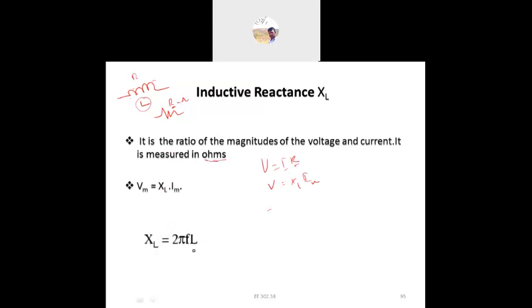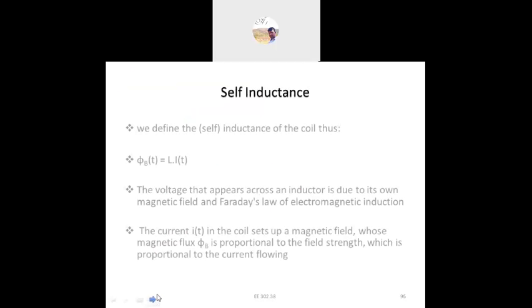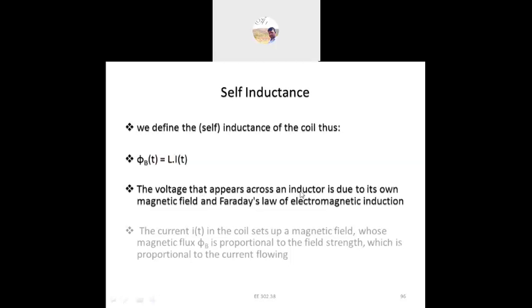We have self inductance and mutual inductance. Self inductance is e equal to L into di by dt. The voltage appearing across the inductor is due to its own magnetic field. Okay, that is Faraday's law, and it is called self inductance.